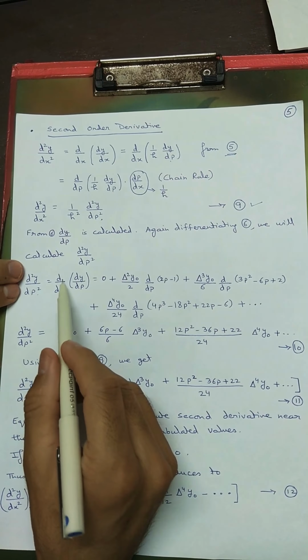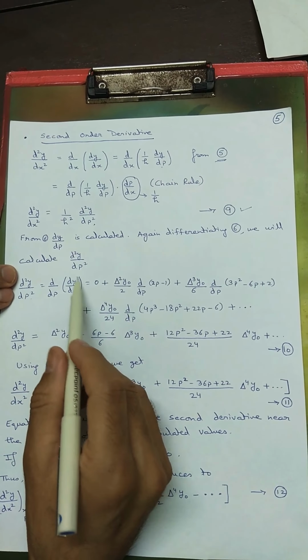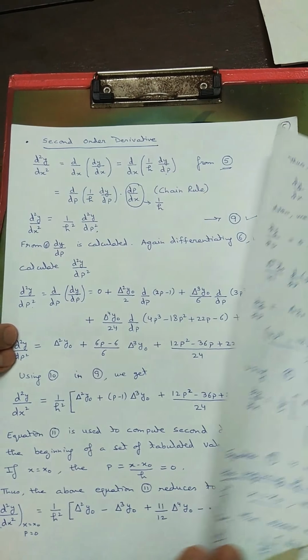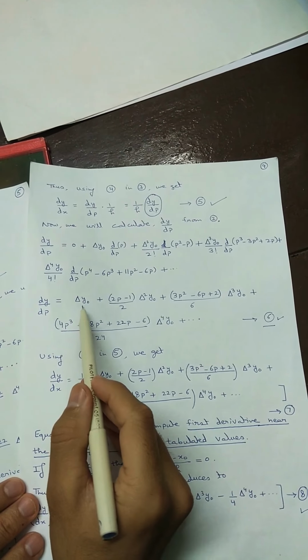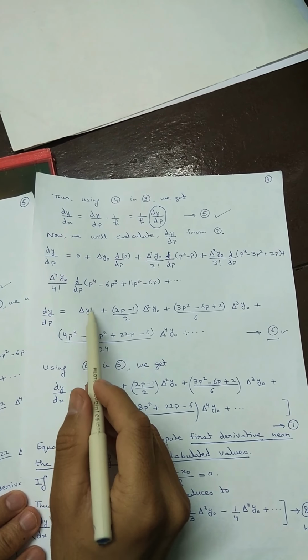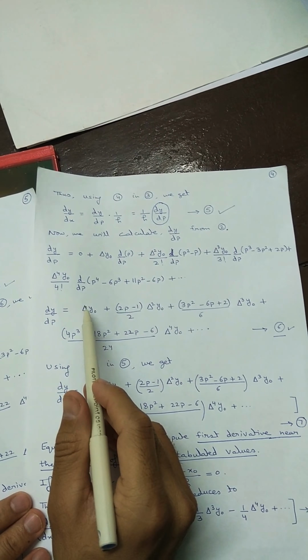So I am differentiating equation number 6 again, and I am putting it parallelly. Delta y0 is constant, so if you take the derivative of this, it will be 0. So I have put it as 0.